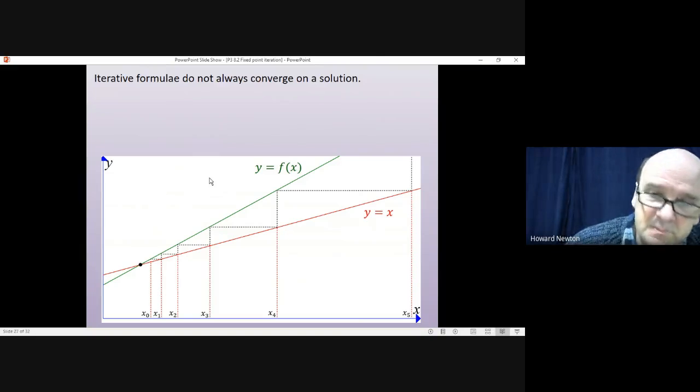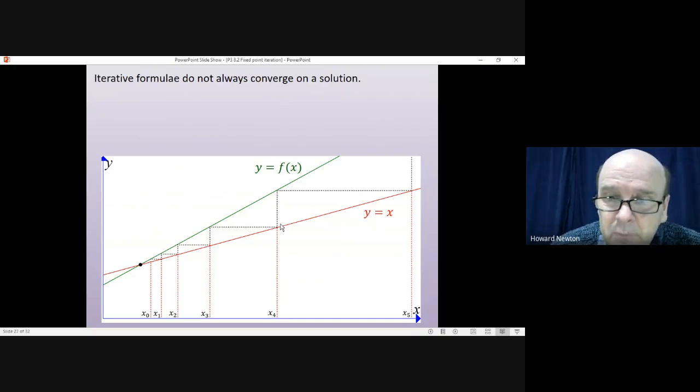If you had something very similar to the last example, but where the 2 lines have been swapped over, and if you started here with x0 very close to the solution, you put that value into the function, and once you've got the answer from the function, that becomes the next value of x. You put that into the function, that becomes the next value of x, and so on. And each time you're moving away from the solution. You're not going towards it, you'd be diverging from the solution.